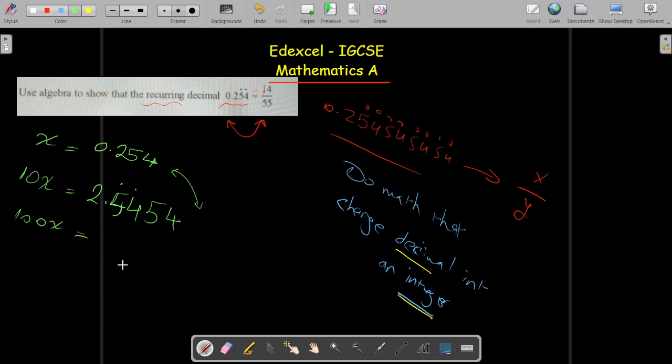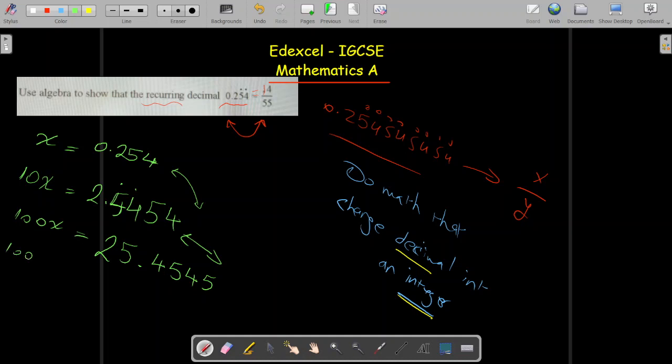I'm going to try to find the 100x. 100x means that I'm going to move the decimal one more step, so it's going to be 25 point what? 4, 5, 4, 5. This is the 100x. When I look at these decimals, it might work out, but I'm trying to teach you how you can do it smoothly, how you can discover an easy integer after doing a set of calculations.